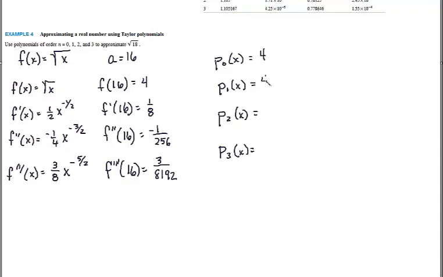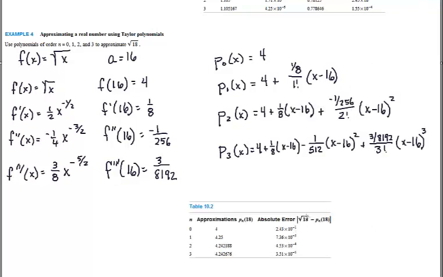This one is going to be the previous one, plus I'm going to take that function derivative, which is 1/8, over 1 factorial, which I didn't really need to do, and then x minus 16 to the first, and then you're going to compute all the way down from there.